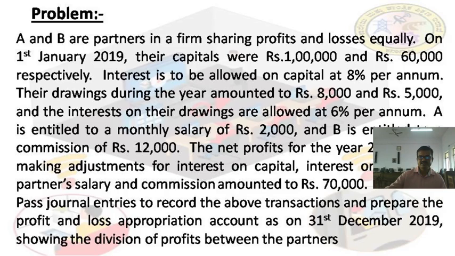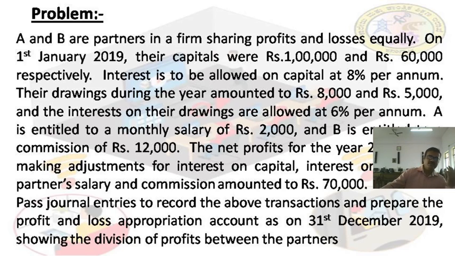Pass journal entries and record the above transactions and prepare the profit and loss appropriation account as on 31st December 2019, showing the division of profits between the partners.